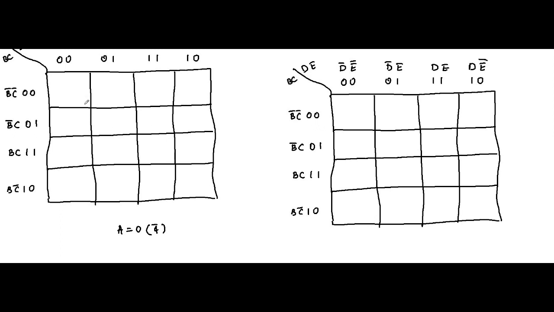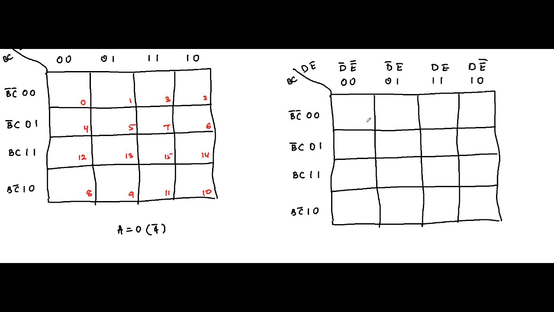So here it is 0, 1, 2, 3, 4, 5, 6, 7, then here 8, 9, 10, 11, 12, 13, 14, 15, this is 0 to 15.